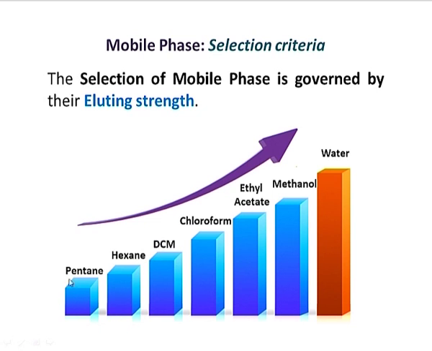For example, one could start with the least polar ones here down in the series, pentanes or hexanes or dichloromethanes, and you would always expect your solute particles to move slow, right? Whereas, if one would start increasing the mobile strength from DCM to chloroform to ethyl acetate and to methanol, one would always expect the solute particles to move up quickly. And that had precisely happened.